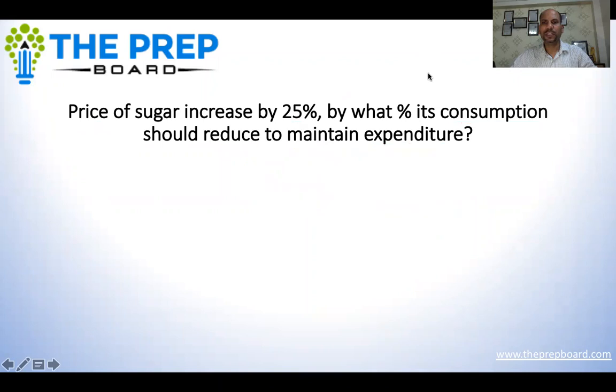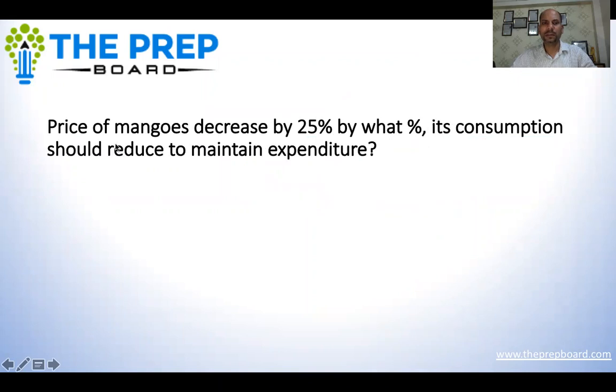Okay, let's move on to the next one. Price decreased by 25%. By what percent should consumption change? Here I think it should be increased, because we can see the price has been decreased and expenditure is constant.